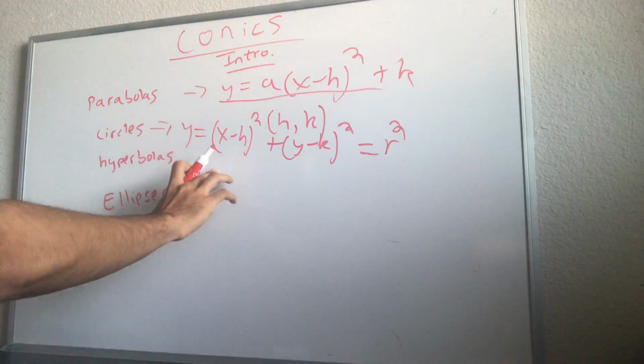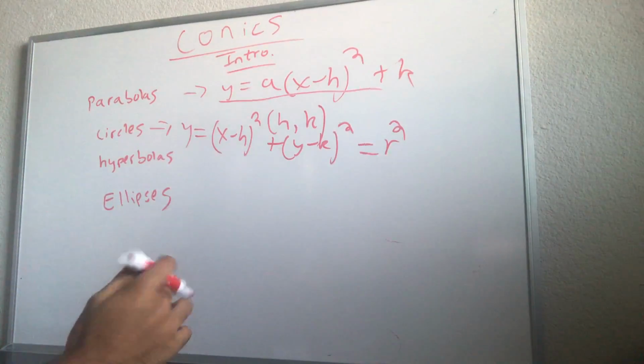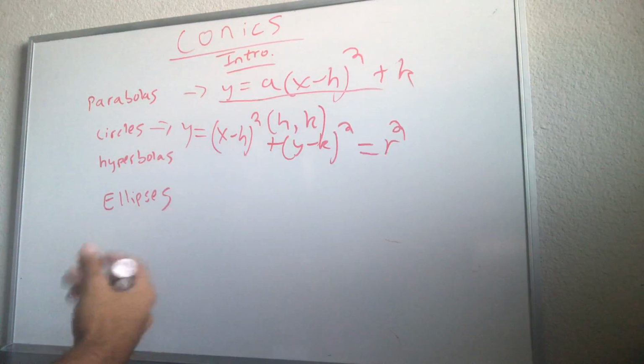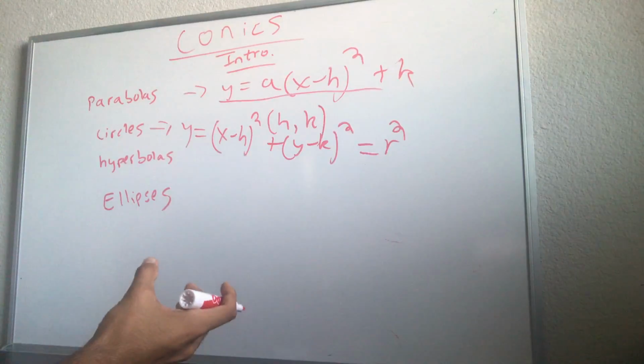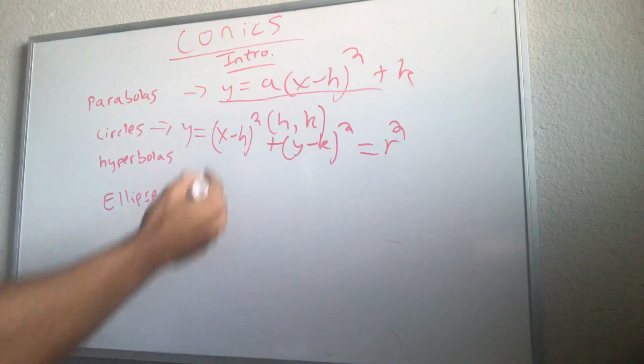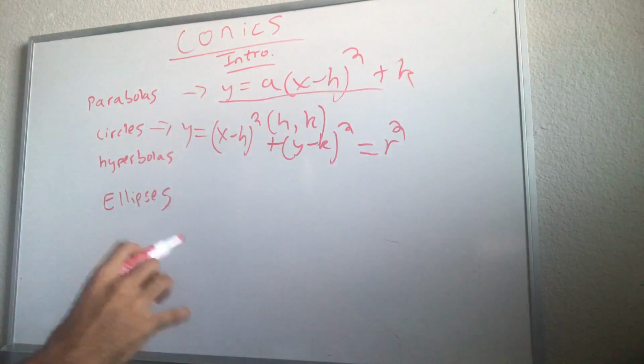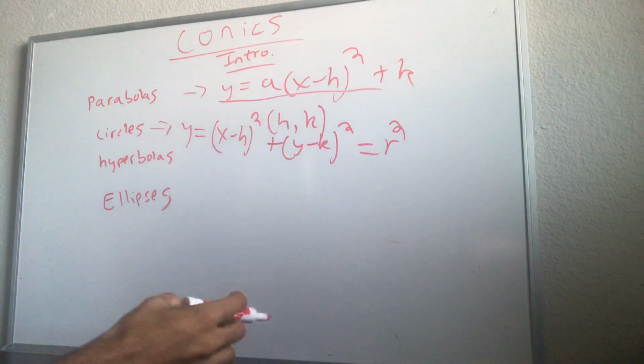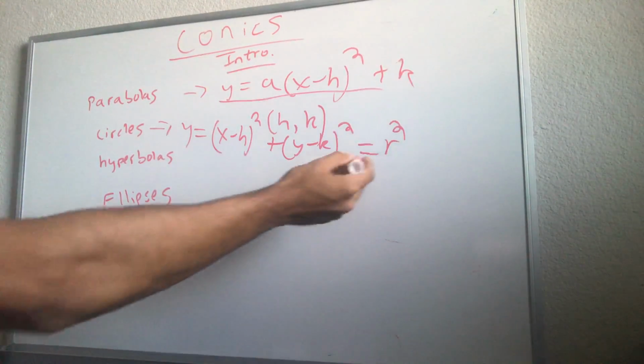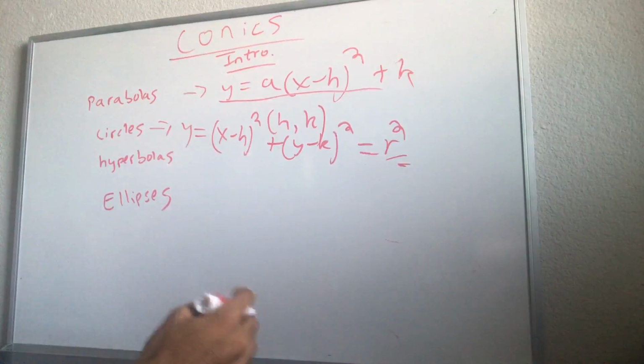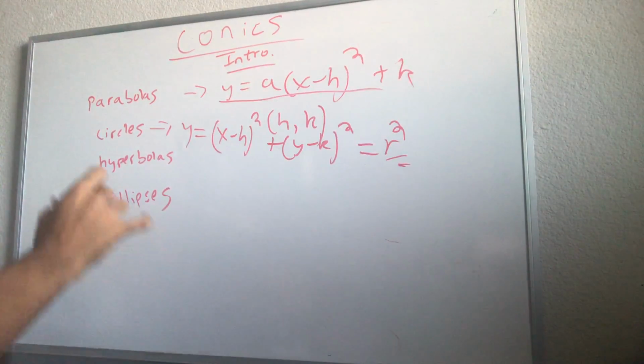With circles, however, h comma k is the coordinates of the center. So your center is h comma k, and r is the radius of the circle.